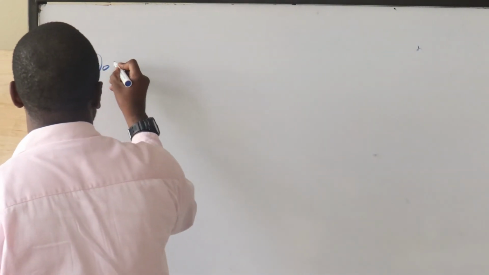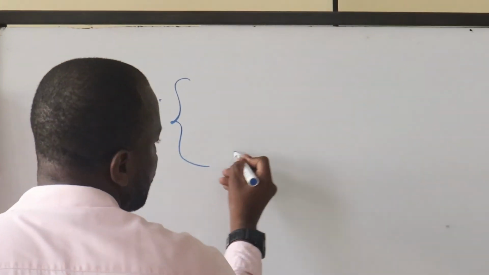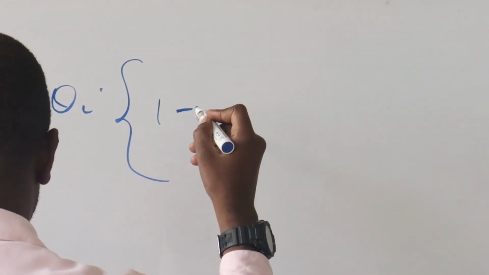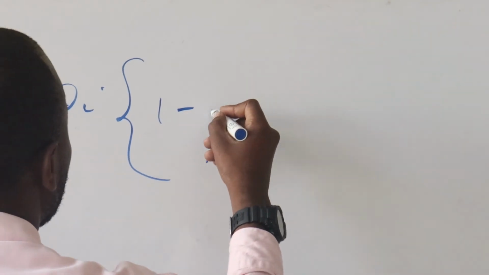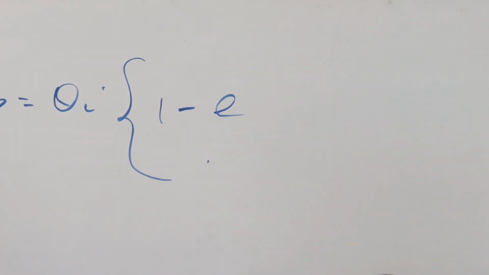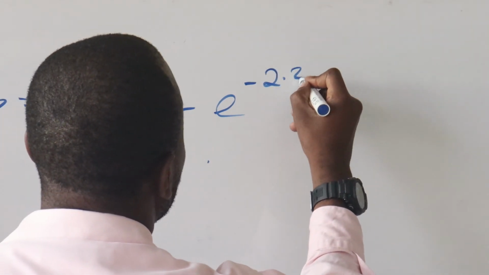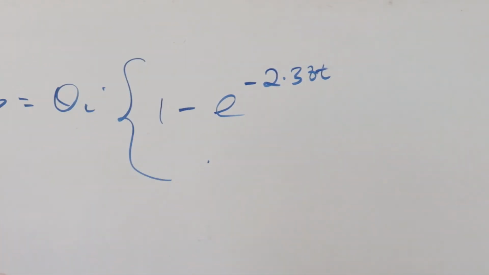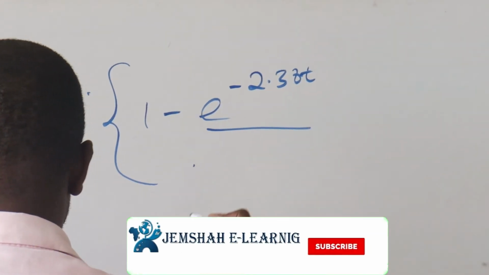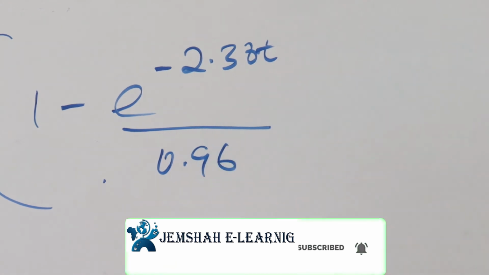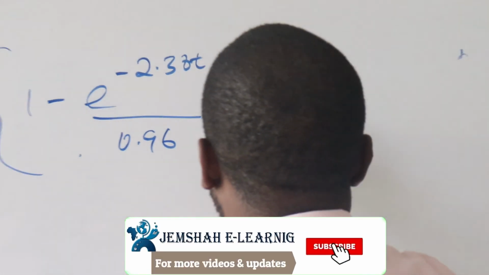Theta naught is now equal to theta I into 1 minus e raised to negative 2.38t, divided by 0.96, sine.